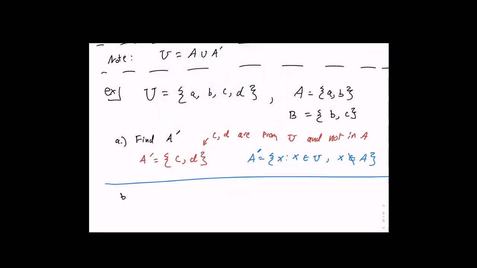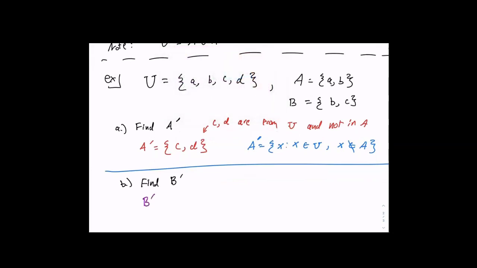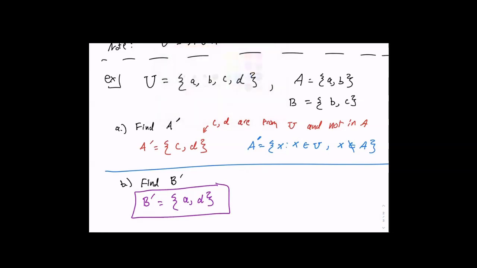Let's see if you feel better on that now. Find the complement of B. Can I get somebody else that didn't answer this one? Is it A and D? It is A and D. Correct. Because A and D are not in B. They are part of the universal set.